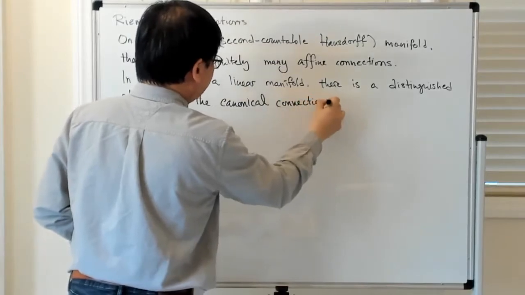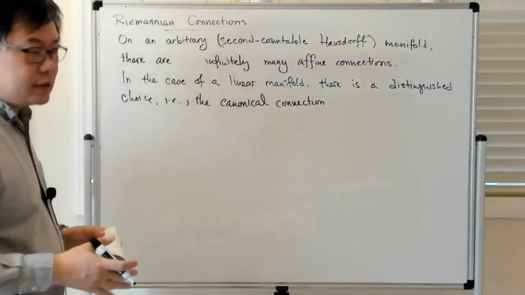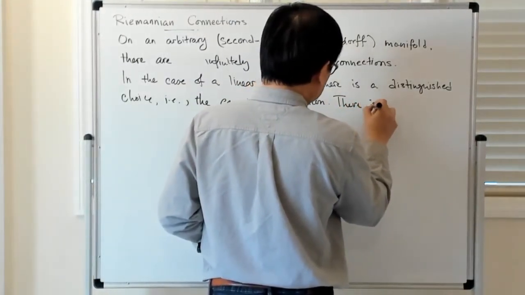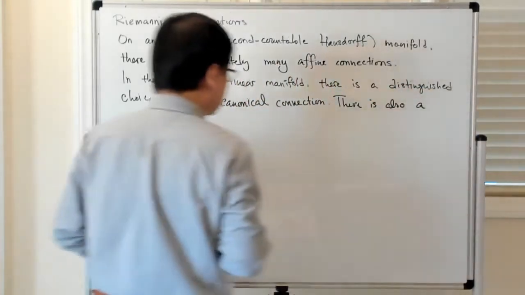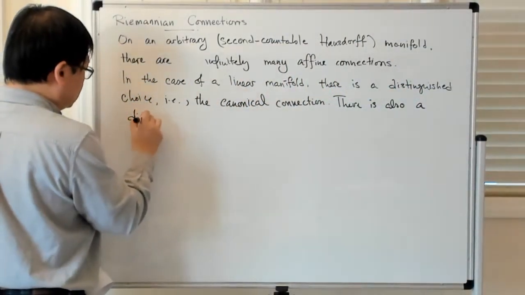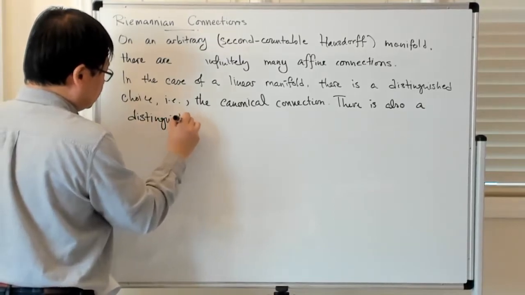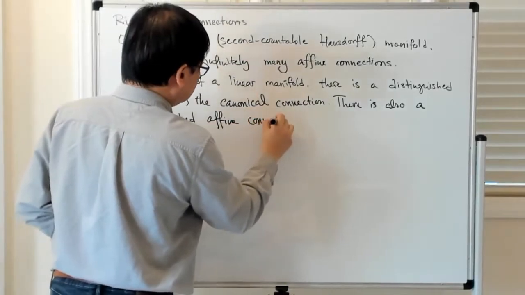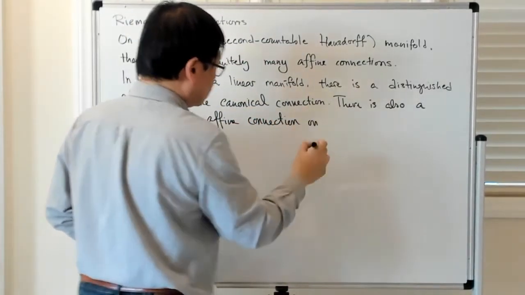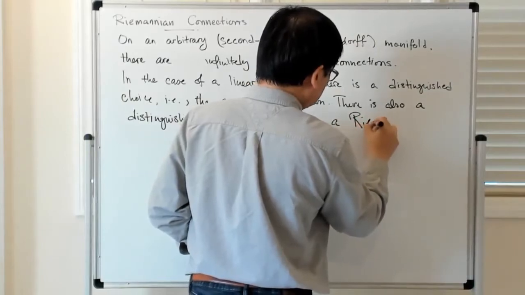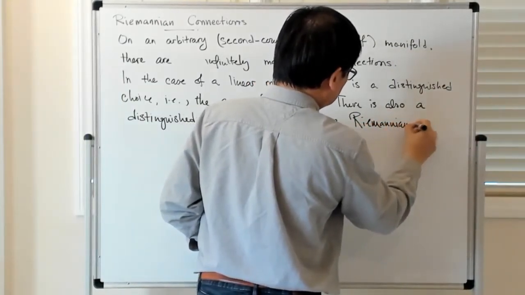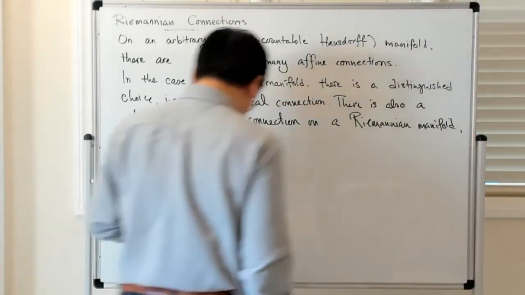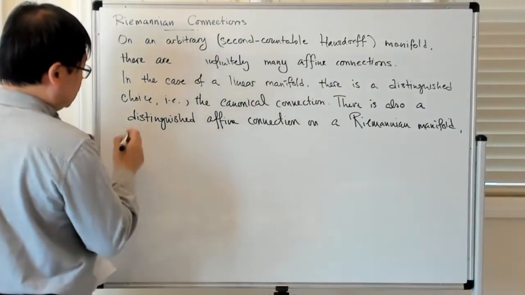And the point is that if you're on a Riemannian manifold, there is also, in some sense, a distinguished choice. And that is what is often referred to as the Levi-Civita connection, or Riemannian connection.